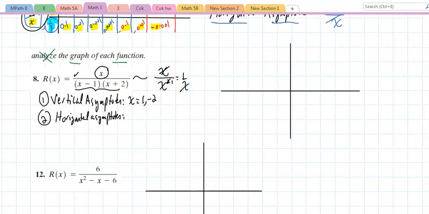So, horizontal asymptote is every single time taking this and figuring out as x approaches infinity, we agreed that any number over x will approach 0. So we call that horizontal asymptote. I know this seems to be really awkward.